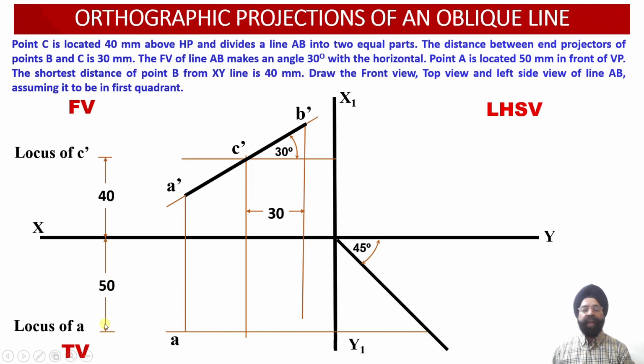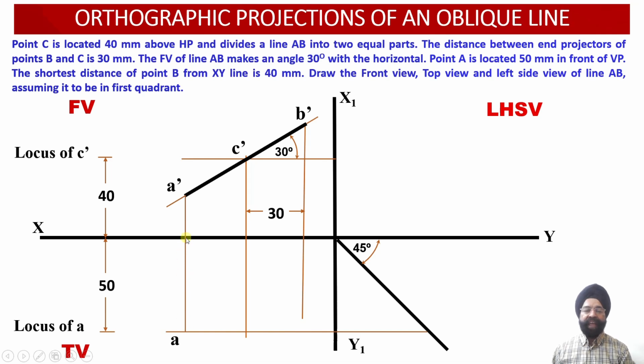Please check, point A we have marked as 50 millimeter in front of the vertical plane. This defines the location of the point A in the top view. So point A will be located onto the vertical projector line which is emerging from the front view elevation projection A dash.